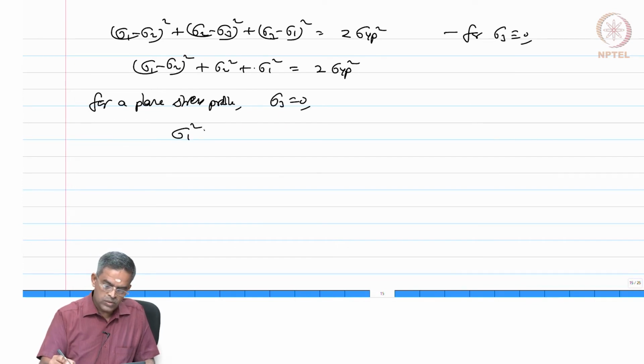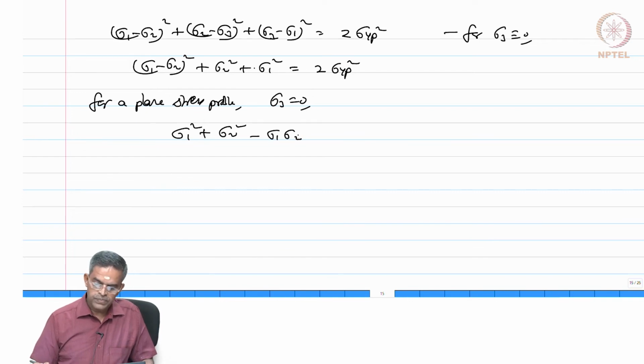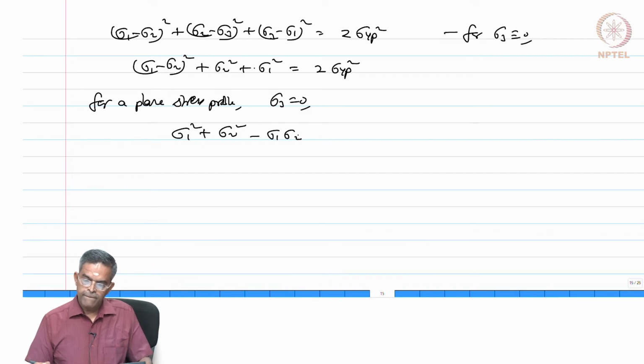So, sigma 1 square plus sigma 2 square minus sigma 1 sigma 2 should be equal to sigma yp square. Am I right?